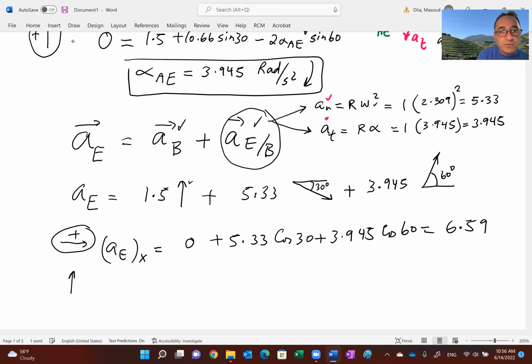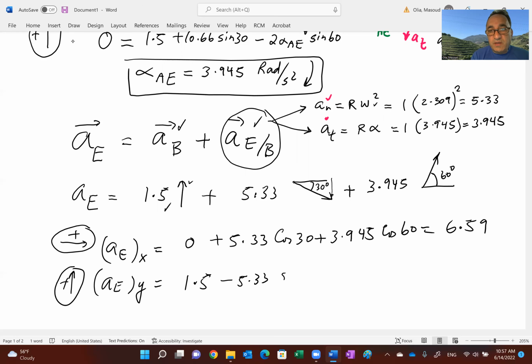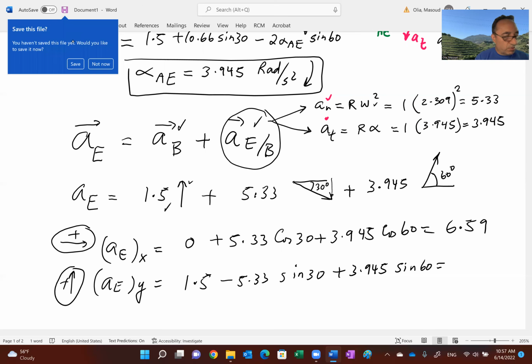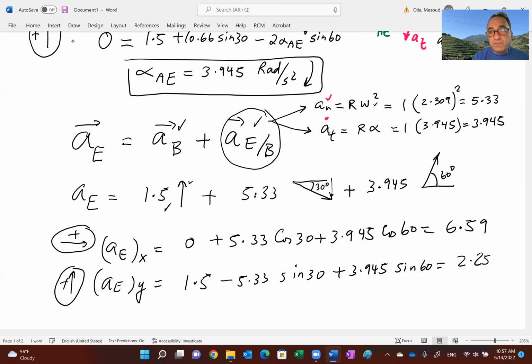And similarly, if you try to add the Y components, you have a 1.5 here. You have a negative 5.33, so it's pointing down, right? Like that. Sine 30, right? And a positive 3.945 sine 60, positive, right? This comes out to be overall 2.25 feet per second squared. By the way, units are feet per second squared.